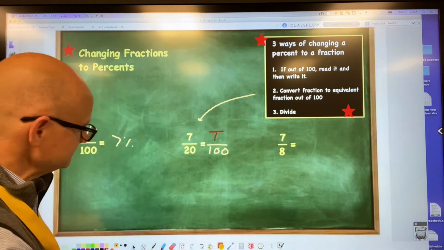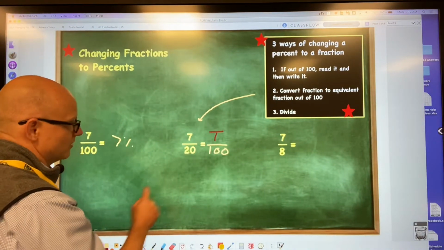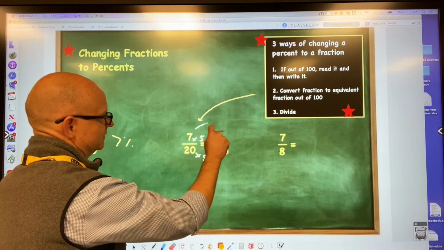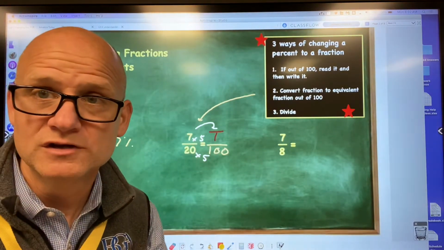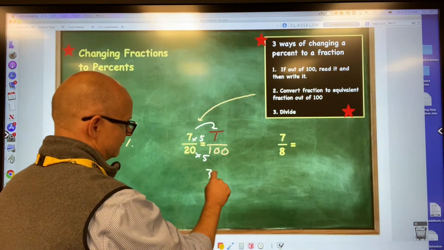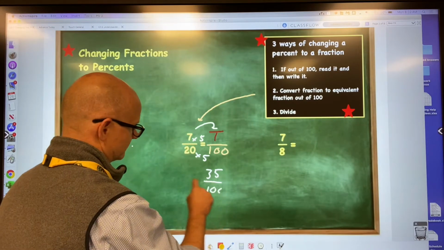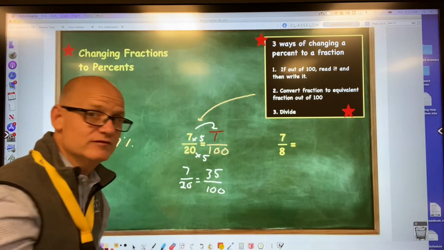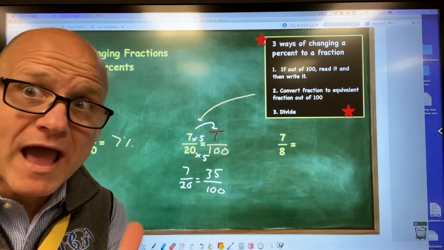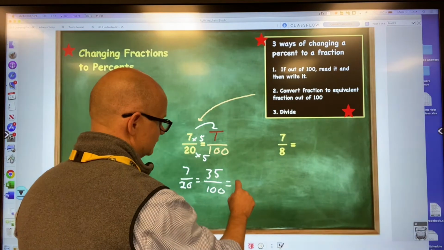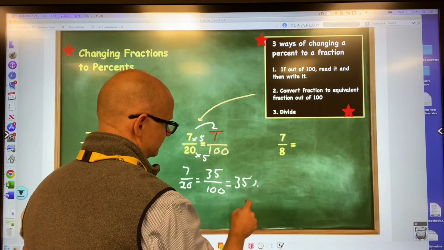I can multiply 20 by 5, so I'll multiply 7 by 5 to find the equivalent value. So 7 out of 20 just means 35 out of 100. And again, once we have it out of 100, we now have a percent. So 7 out of 20 just equals 35%.